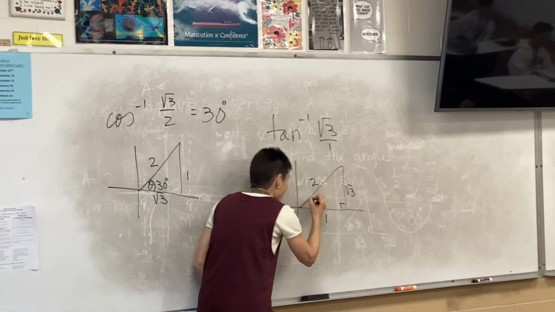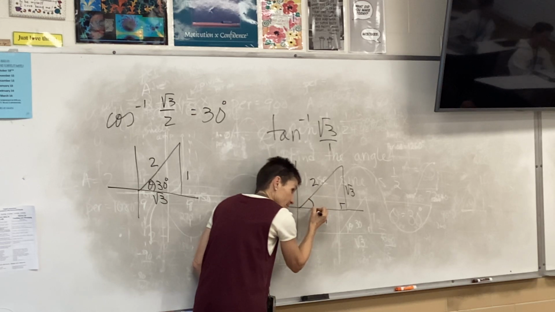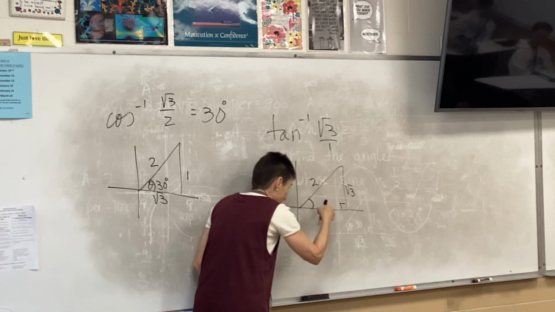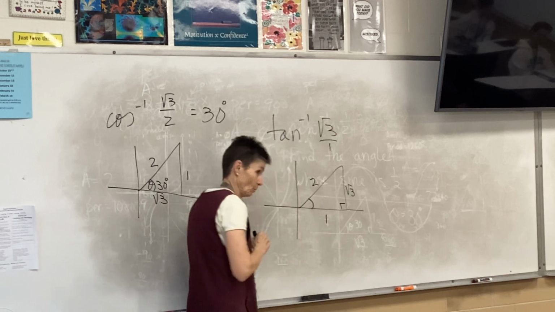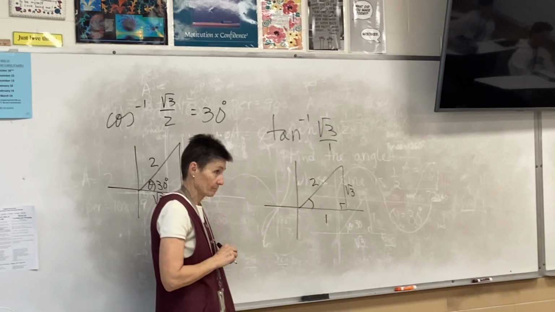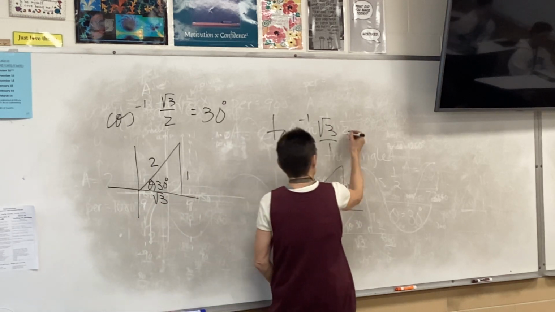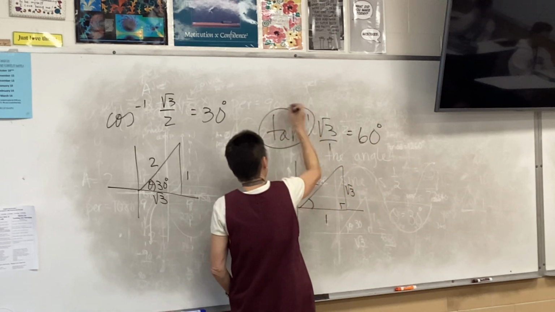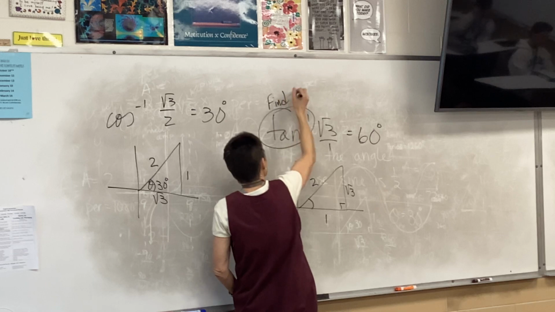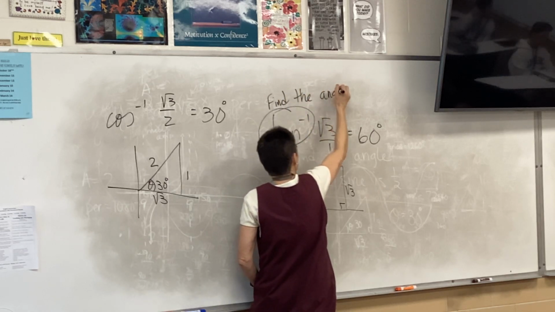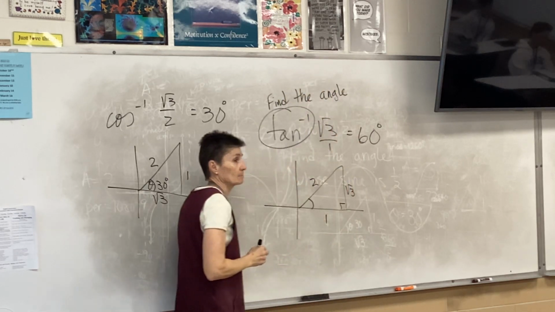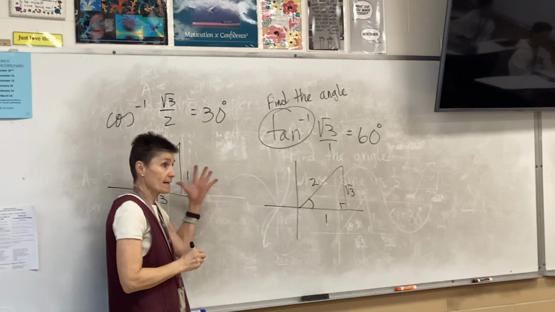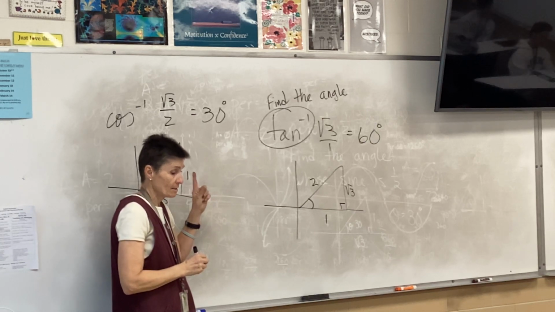And this is the angle you are finding. We'll take a look at the setup here. What do you think that angle is? 60 degrees. This always means find the angle. Just like in our word problems, find the angle.